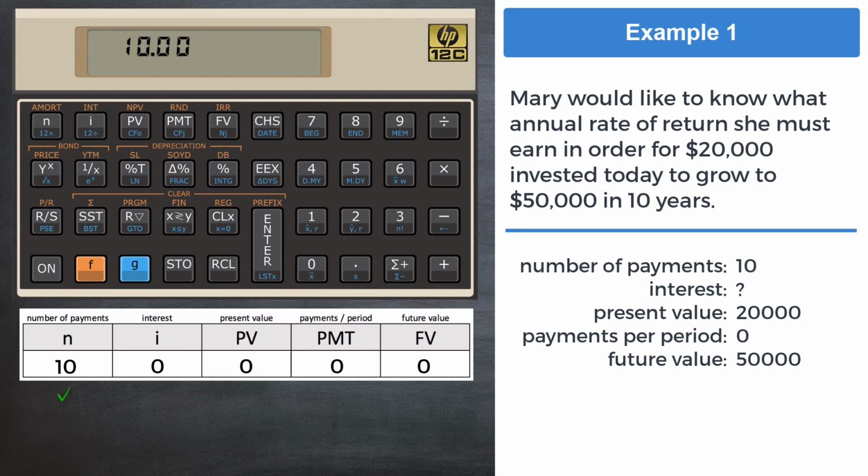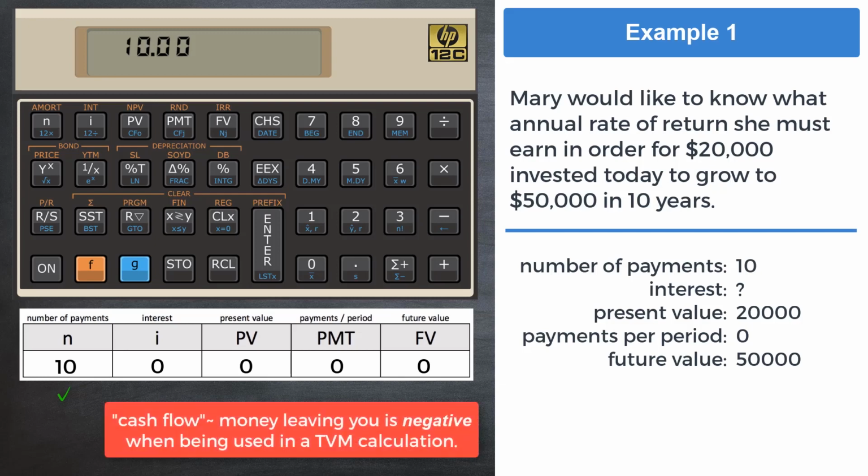The variable present value is $20,000. Now pay attention to this important detail. In TVM calculations, there is a, quote, flow of the direction of money. Since this money is leaving Mary to be invested, it is required in this calculation that the number be entered as a negative number.